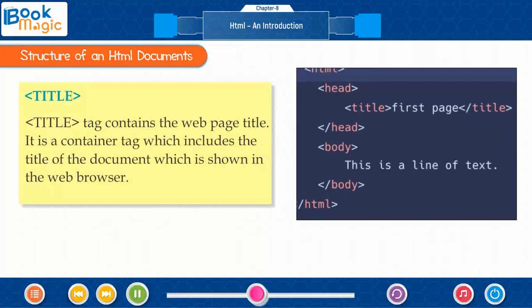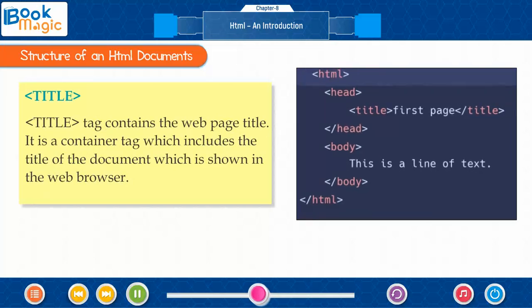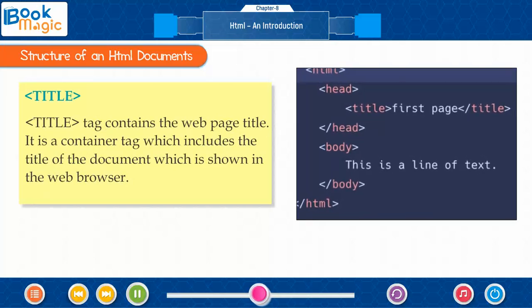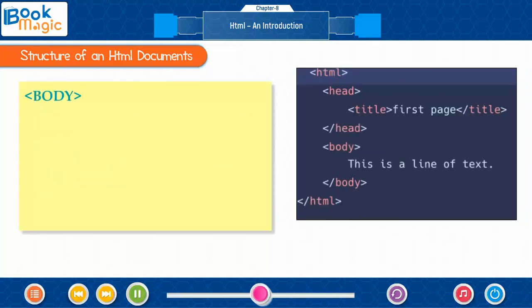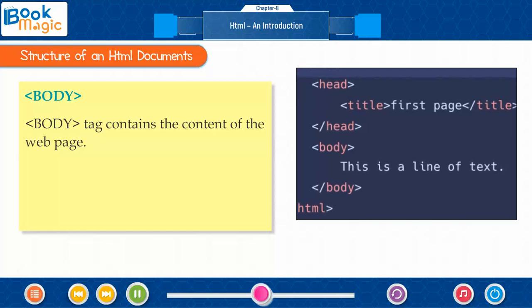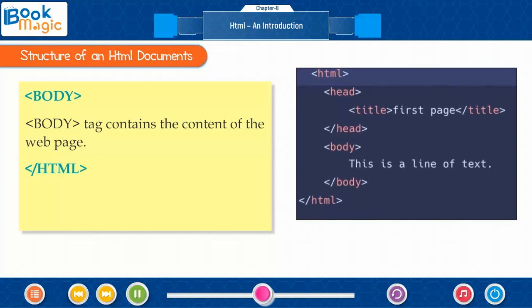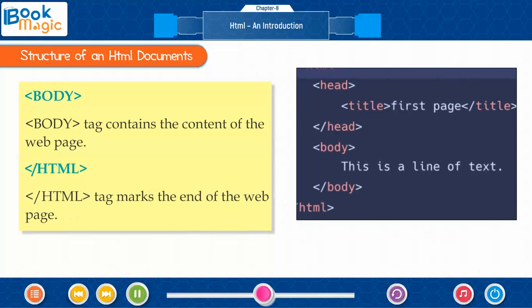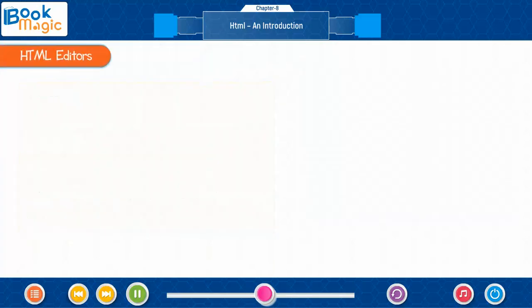Title tag. The title tag contains the web page title. It is a container tag which includes the title of the document which is shown in the web browser. Body tag. The body tag contains the content of the web page. Close HTML tag. The closing HTML tag marks the end of the web page.